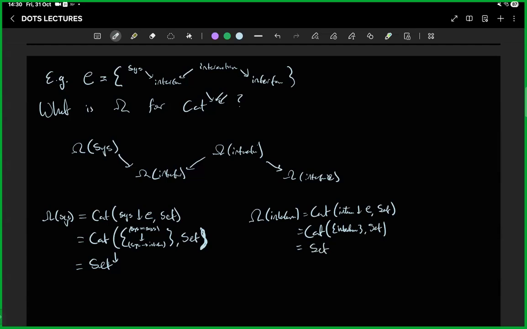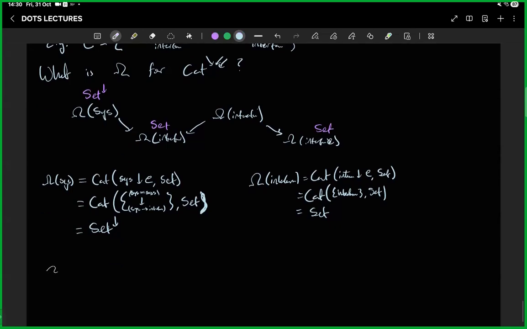Now, before we do anything, let's figure out what is the map from omega cis to omega interface, because I can start by slowly replacing this here. We've computed them to be set arrow, and we've computed this to be set and this to be set. Or I'll just go through the whole thing and then we'll do all the maps. All right, and now we do omega interaction.